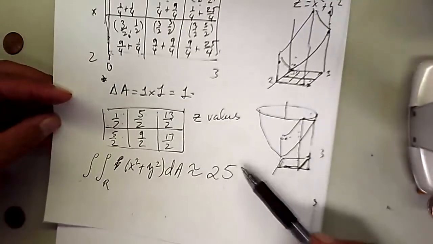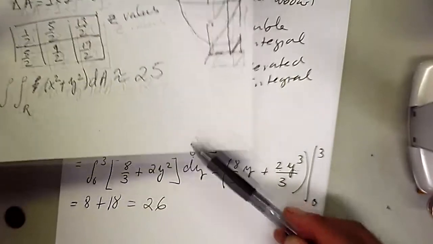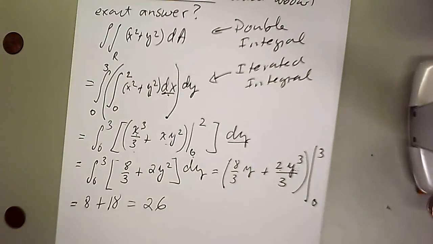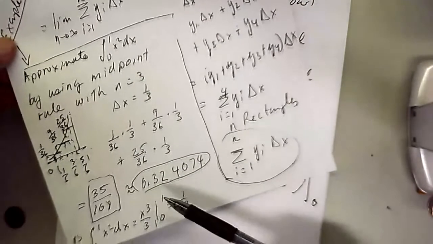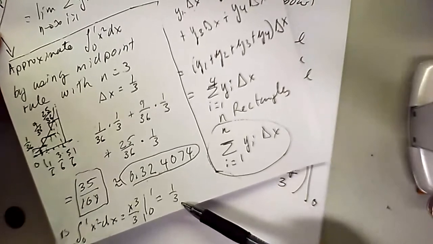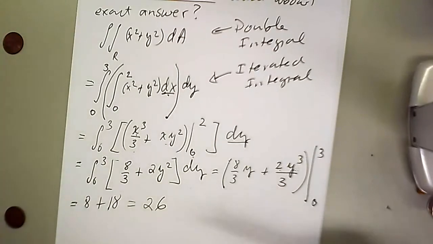So we get 25 for the approximation, which makes sense because 26 is not that far off, just like with our example 0, we got 0.32 and change for the approximation, and the answer is 0.3333 and so forth. So that's how we find approximations of integrals. And I just showed you how to find an integral.